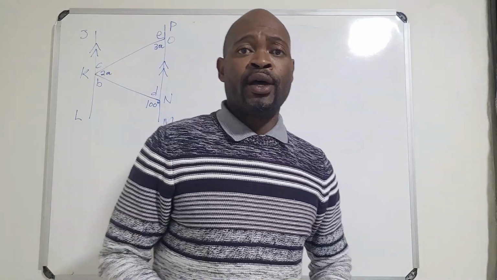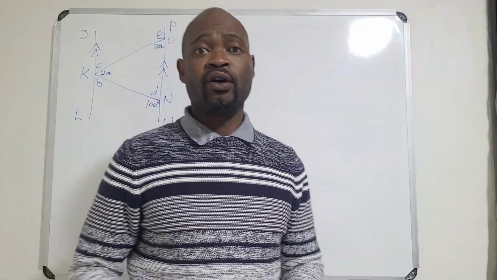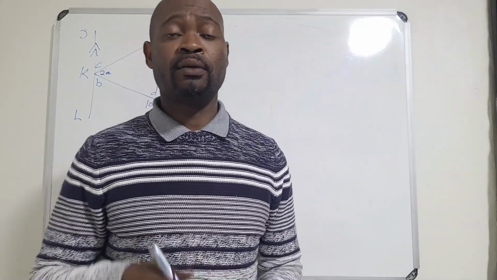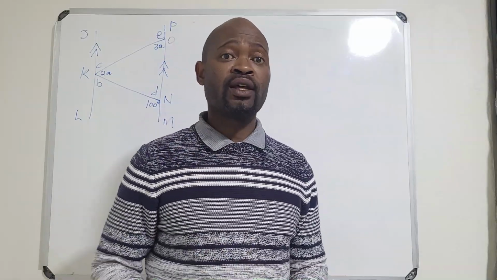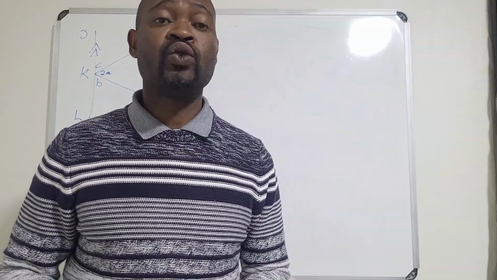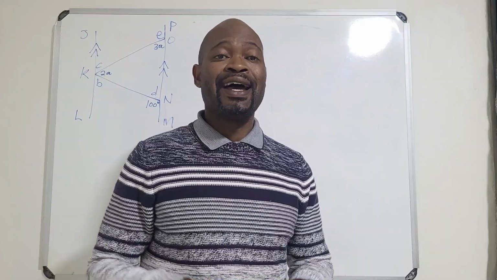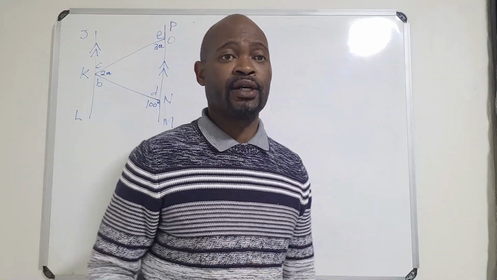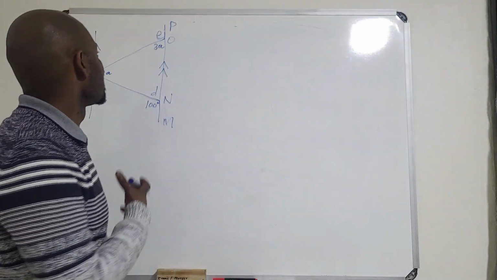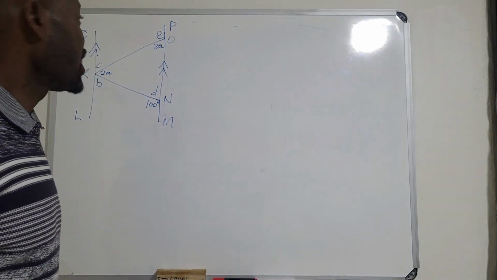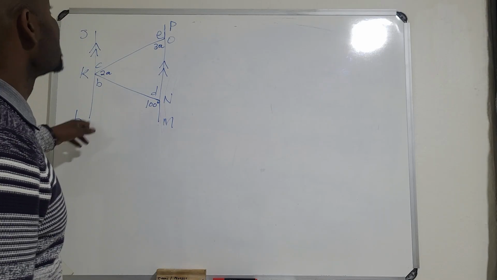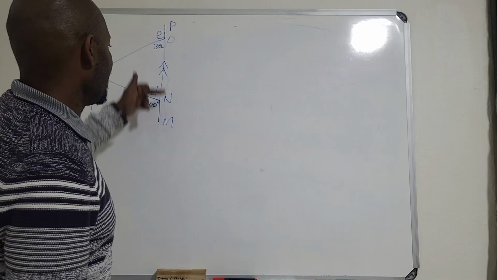Right. This is the last example of part 1. And I just want to remind you that part 1, together with theorems, which we are going to do in part 2, is going to help us to solve geometric riders. Now, this is the example that we are looking at. We are told that JL is parallel to PM.